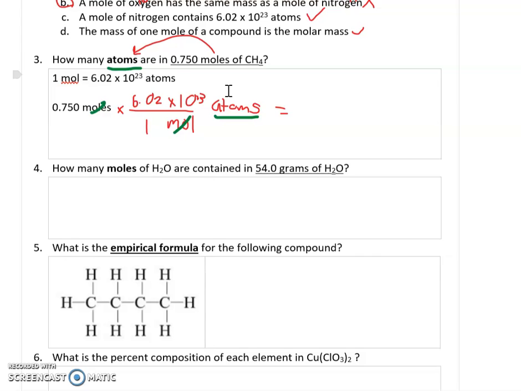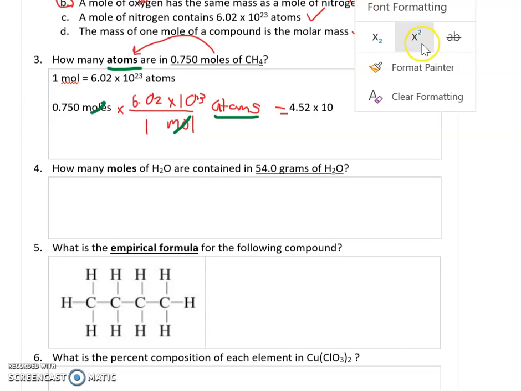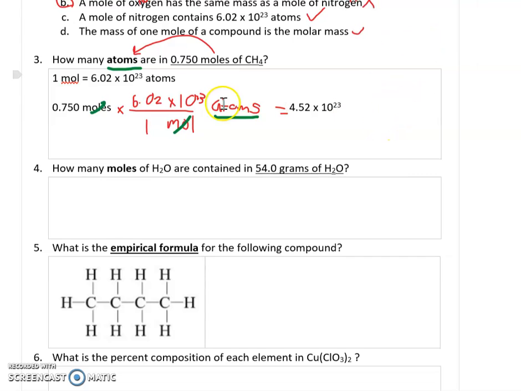So 6.02 times 10 to the 23rd times 0.750 is equal to approximately 4.52 times 10 to the 23rd. So for these problems, you want to identify what your final answer should have, which is atoms, which I need to write here because I'm leaving a naked number.